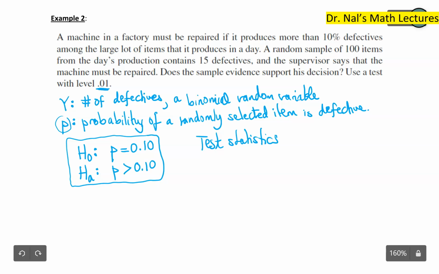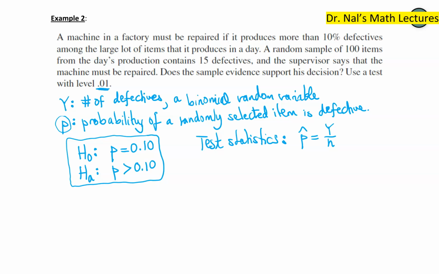So in that case, p hat is equal to y over n, the number of defectives inside the whole sample.